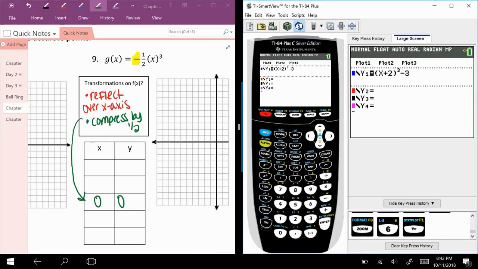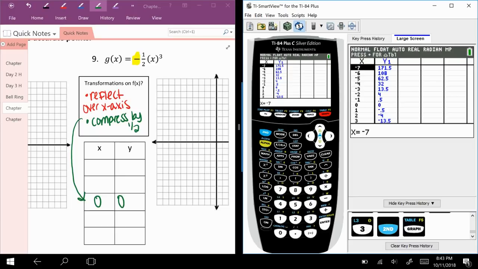Now let's go to our y equals and find out some other points. So I have negative now, not the minus sign, the negative right here in red. 1 divided by 2, parentheses x, close it up, little caret symbol or the arrow up, 3, and press second, table. Now we get some points above and below. I have -1, 1.5.